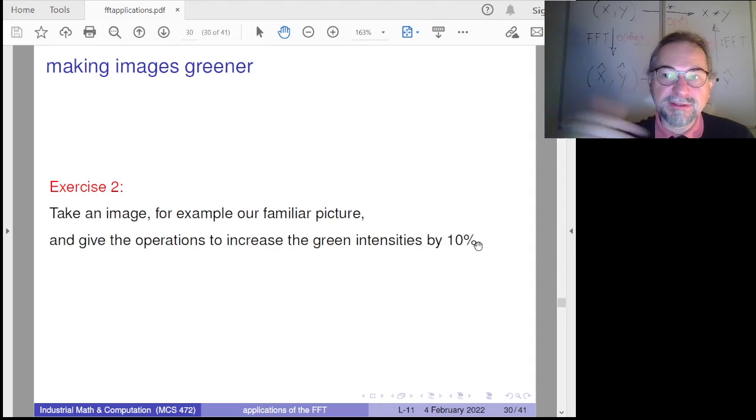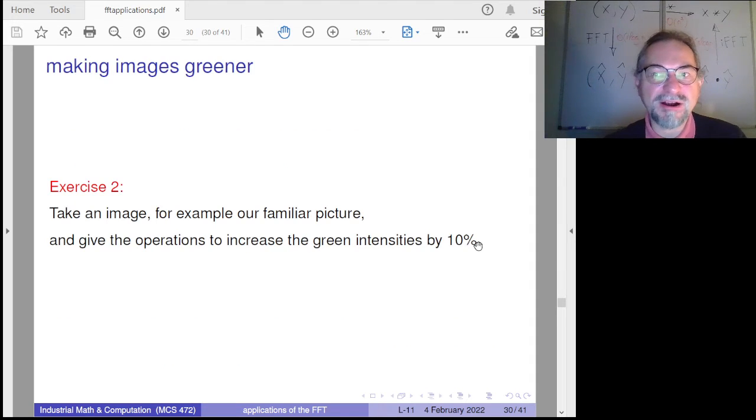Speaking of intensities, elsewhere the grass is always greener, so you can make your images greener, and so this is an exercise on computing with pictures. It's another exercise in pixel by pixel processing.